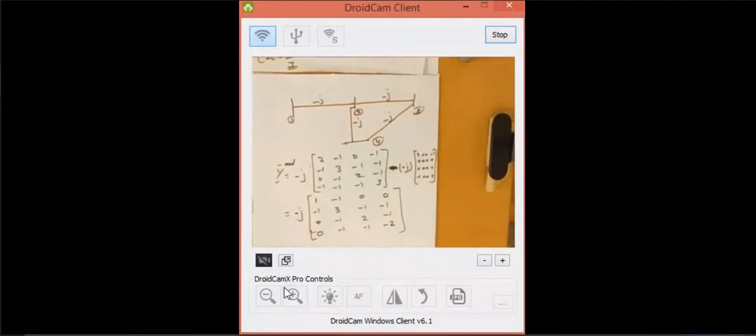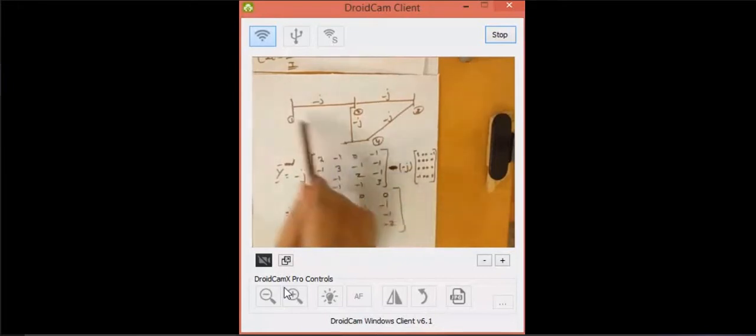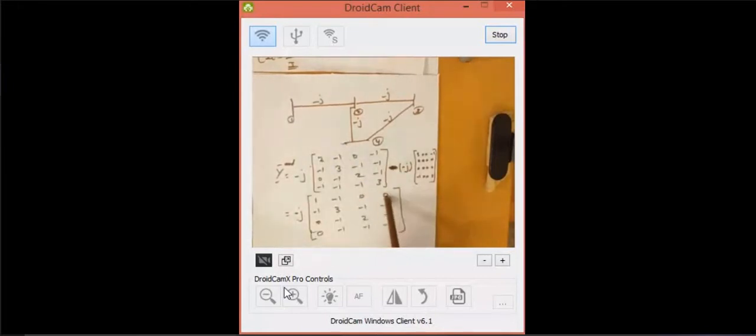This is acceptable, because since we removed the line between 1 and 4, the matrix element 1 4 is equal to 0. It means that we don't have a line between 1 and 4. 0 means that there is no line between bus I and bus J. For example, here this is 0, it means there is no line between 1 and 3.